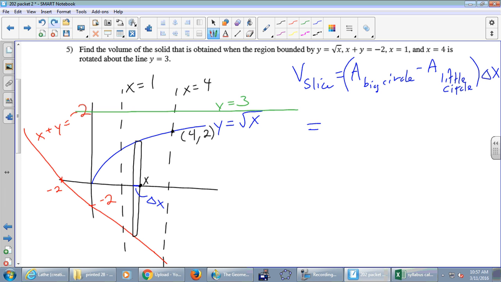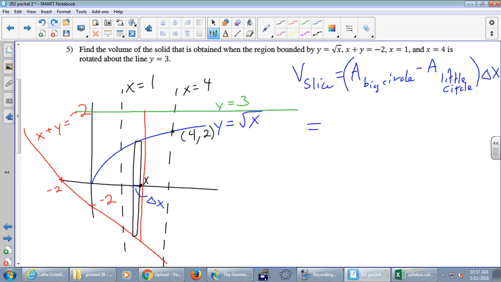Okay, that's great. So then we come over here. So the area of the big circle, yeah, let's do that. So how much is the radius of the big circle? Radius of the big circle is here down to here. Yes? Depends. It changes. It depends on two things.